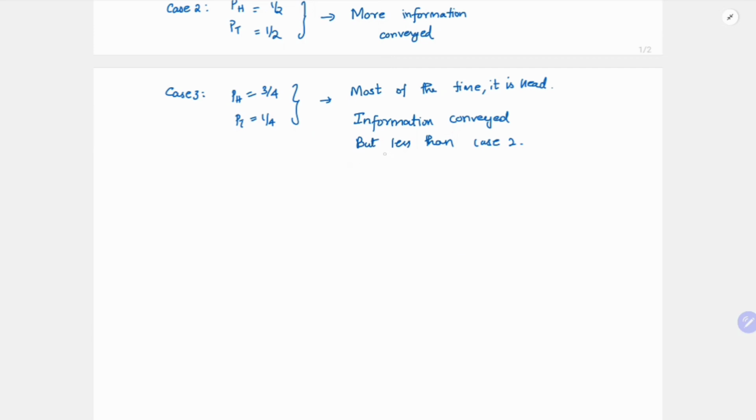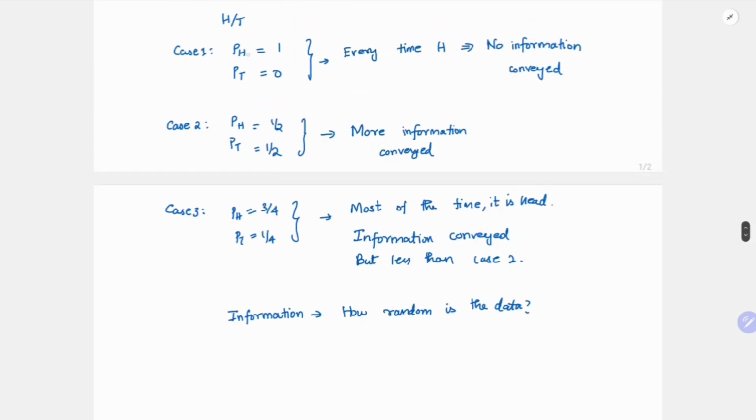So here by information we mean the randomness of the data. How random is the data? In the first case, pH is 1 and pT is 0, so you know that every time it is going to be head. There is no element of surprise, so there is no randomness in the data.